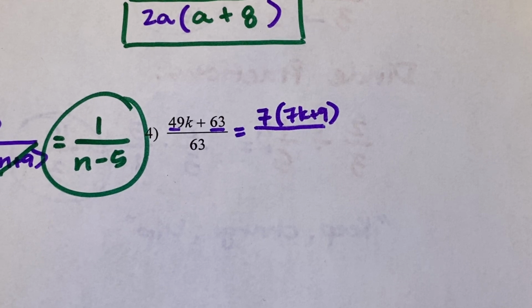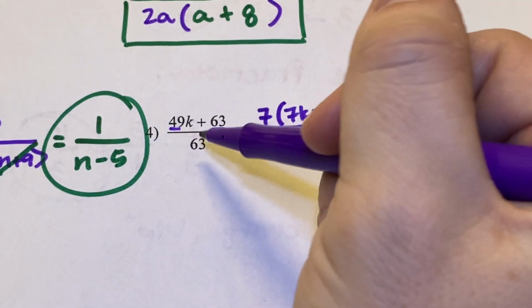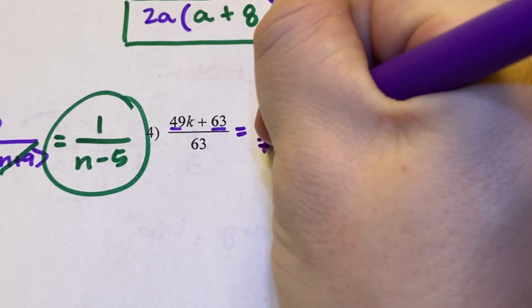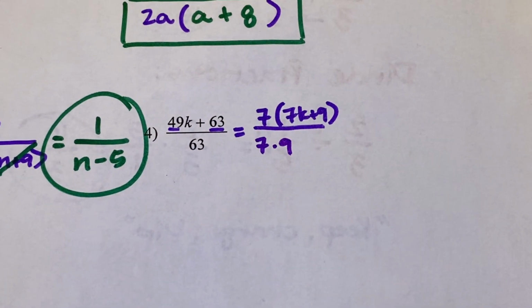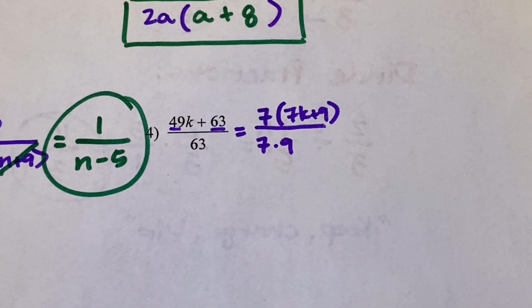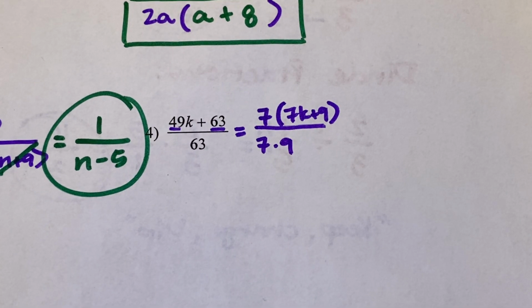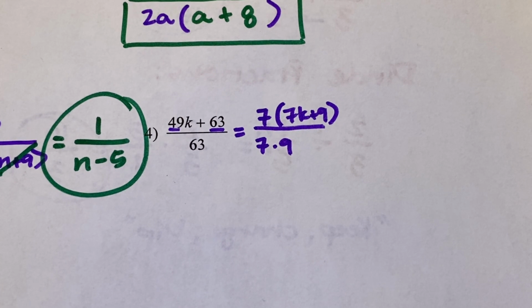Now, 63. Did we just divide 63 by 7? Can't I rewrite 63 as 7 times 9? It's the same thing. So now what can cancel out? Careful here.